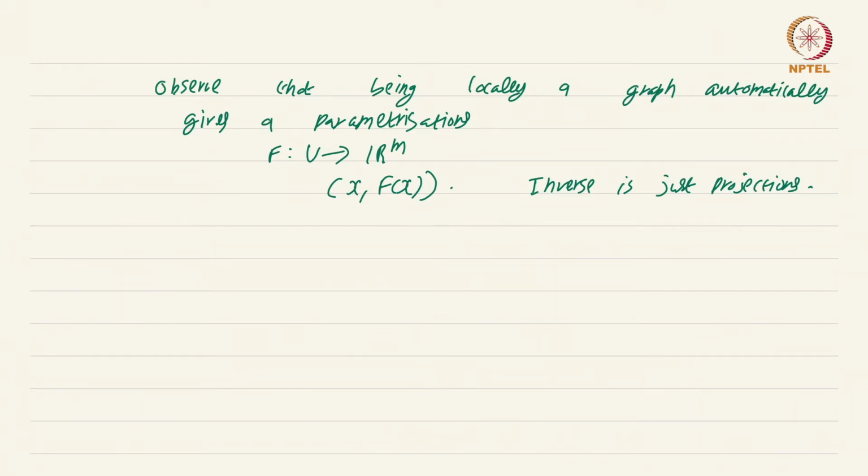But if you in general take just a parameterization, that is just a function that maps onto a subset of the manifold, it need not satisfy the full rank condition, it need not satisfy that the inverse is continuous, and so on and so forth. You need those conditions explicitly. So in the notes I have given several exercises to see what goes wrong if you drop some of these conditions.